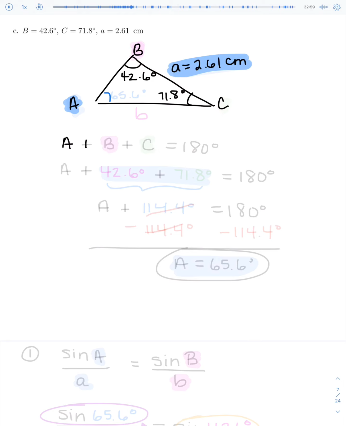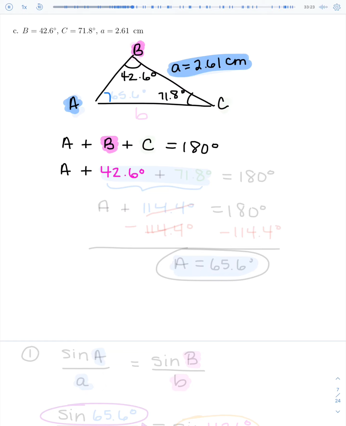Angles A, B, and C all have to add up to 180 degrees because it's a triangle. We don't know angle A, we're trying to find it, but they did tell us that angle B here was 42.6 degrees. They gave that to us in the problem.